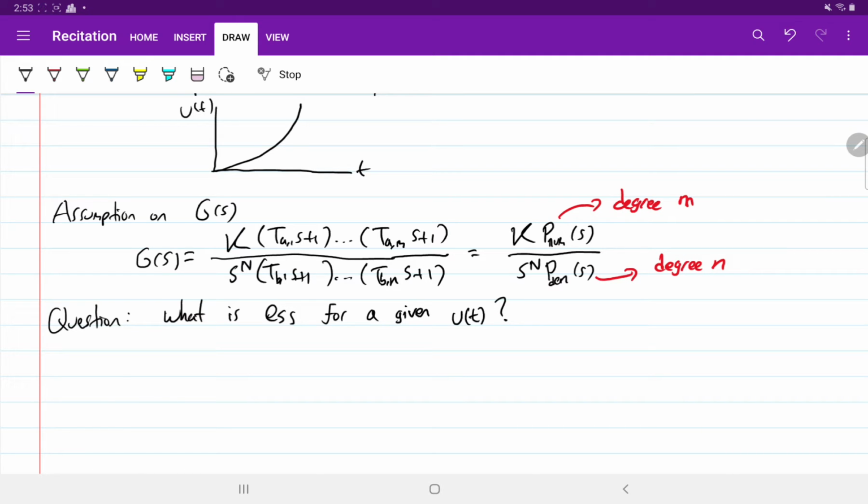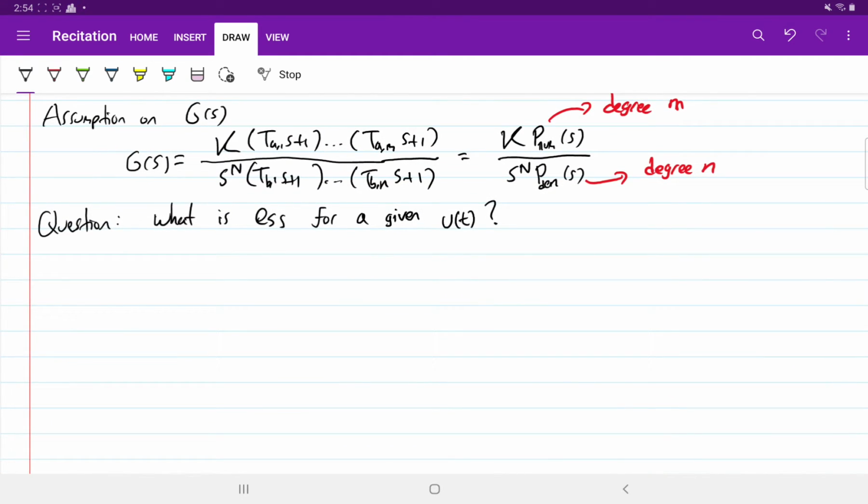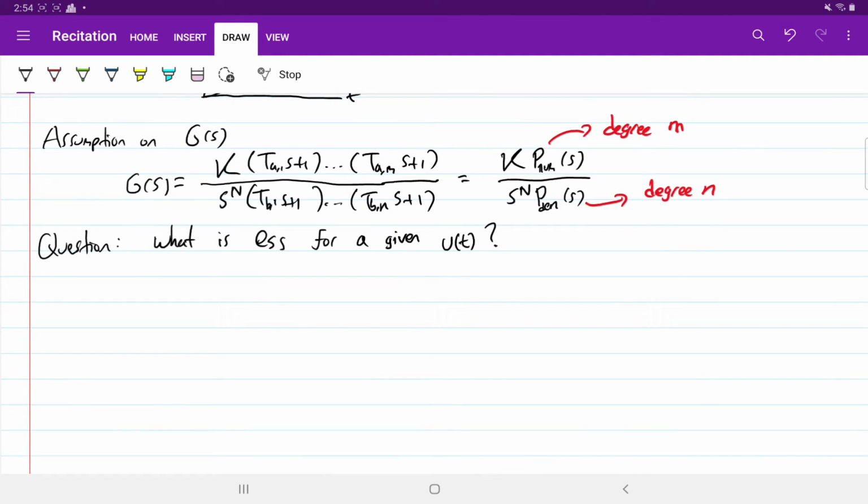So here let's find out the answer of this question. Okay, so in frequency domain or in Laplace domain, we want to find the transfer function between the error and the input, right?